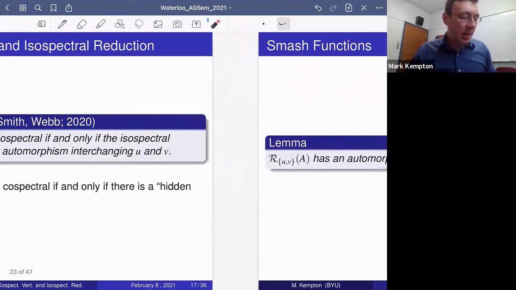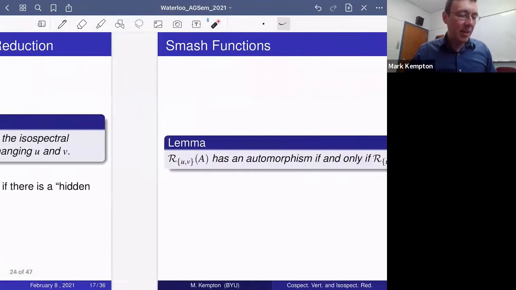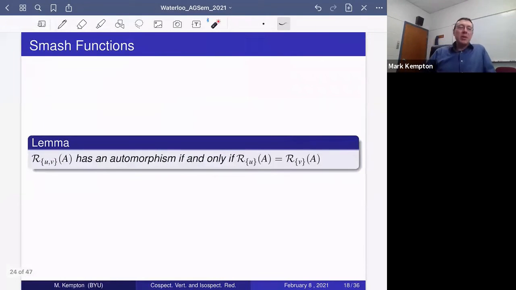Let me give you some idea of how the proof of this statement goes. The proof I'm going to show you actually isn't the easiest proof, but I feel like it's instructive in terms of what's really going on with isospectral reductions and everything.